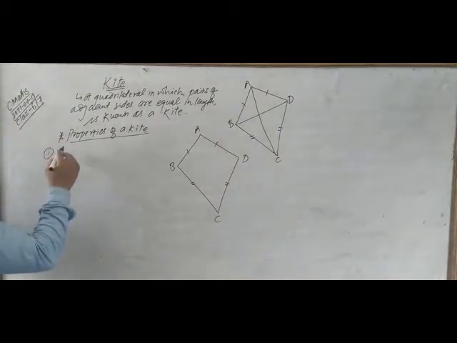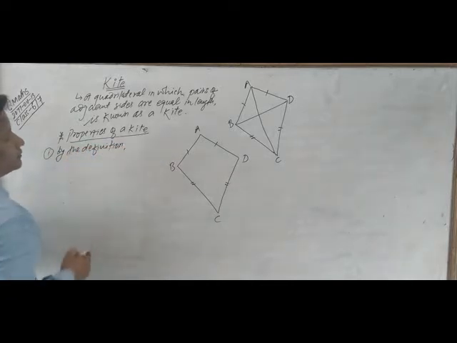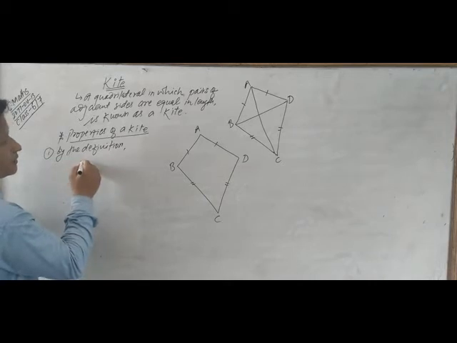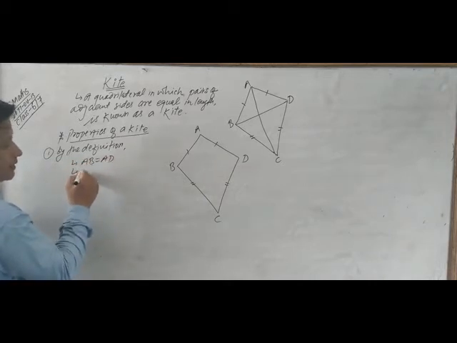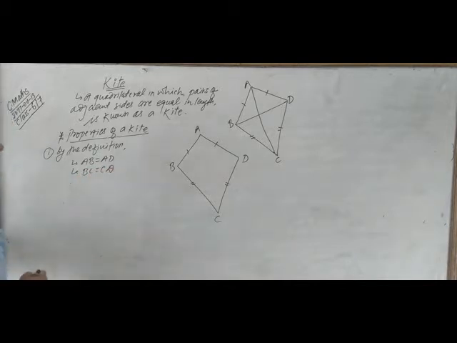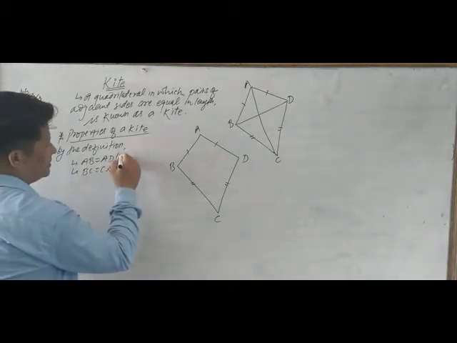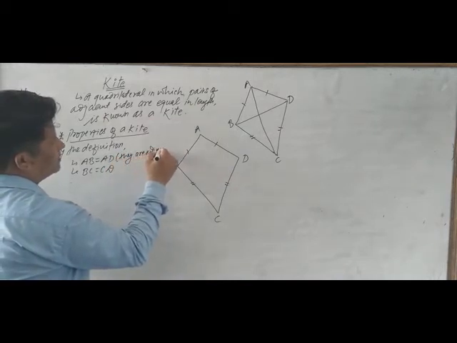By the definition, AB equals AD can be written, and BC equals CD can be written. They are adjacent sides.